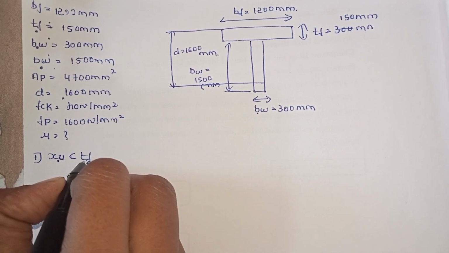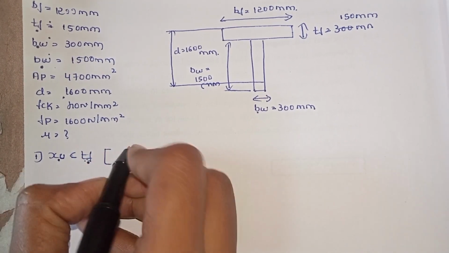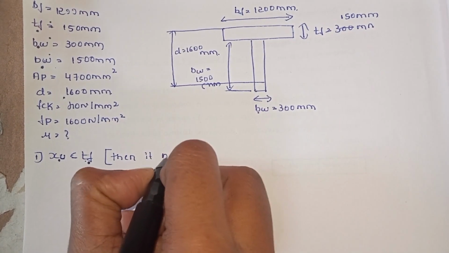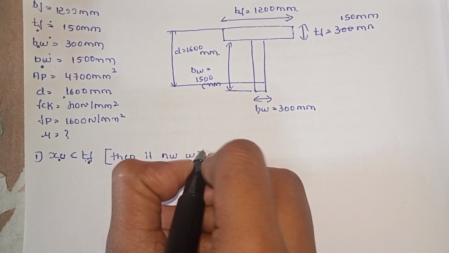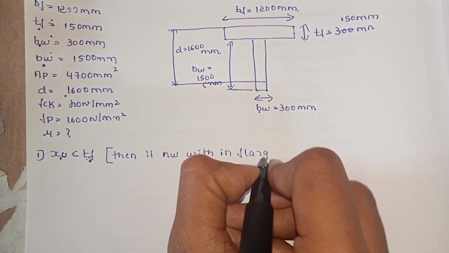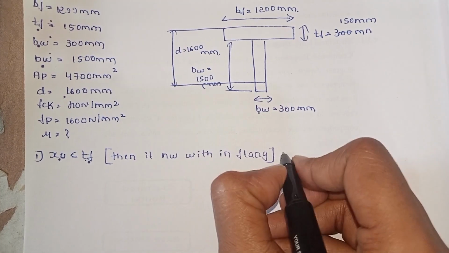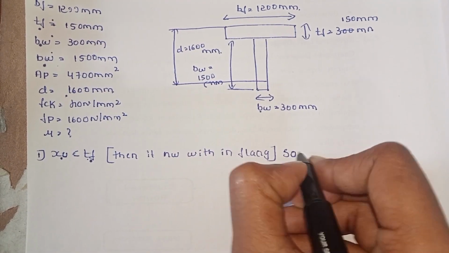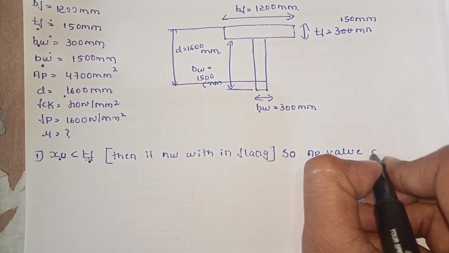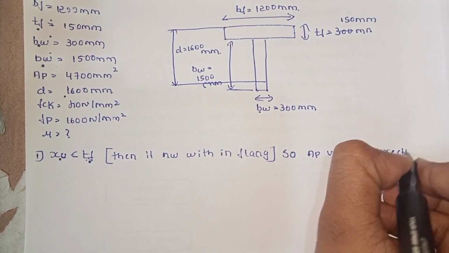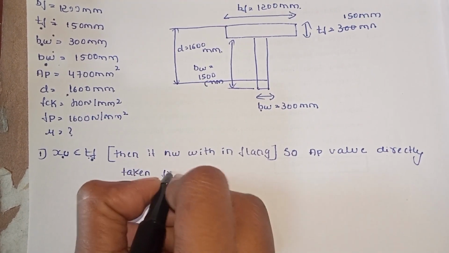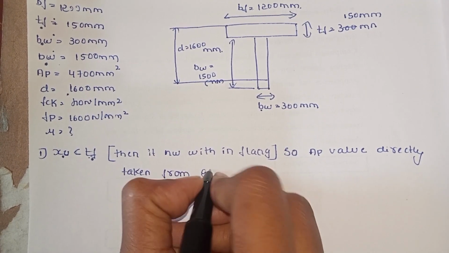If XU is less than TF, then it is considered as neutral axis within the flange. So the AP value is directly taken from the given question.